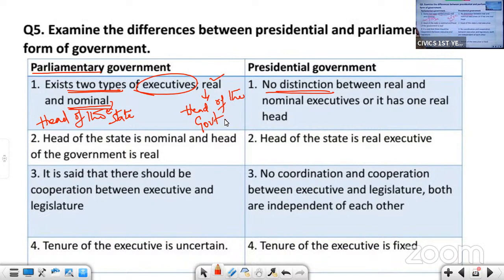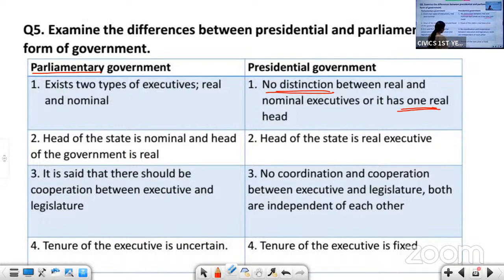But in presidential form of government, you will have only one real head, only one executive. He is the head of the state and he is the head of the government also. Okay.